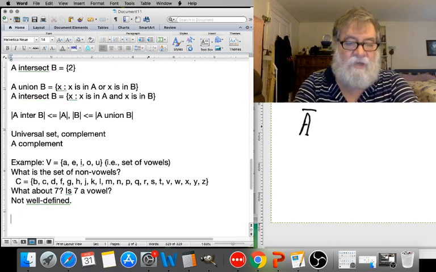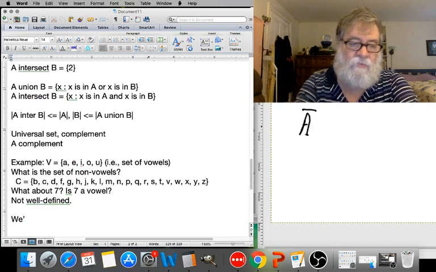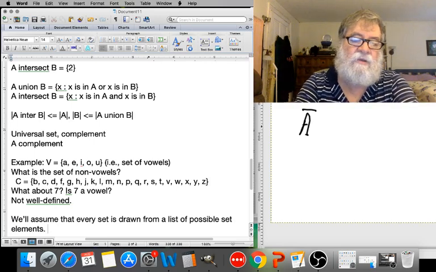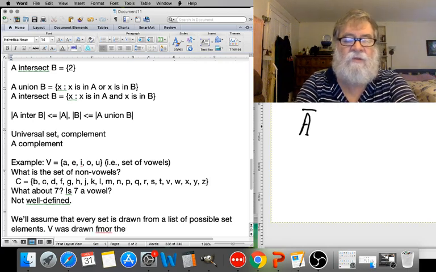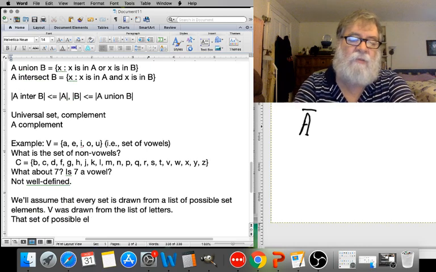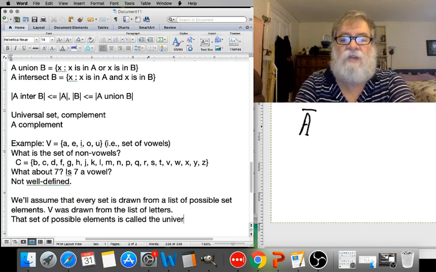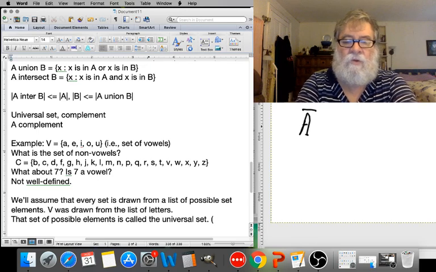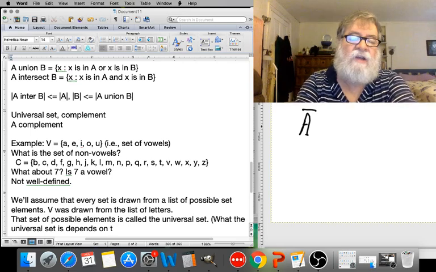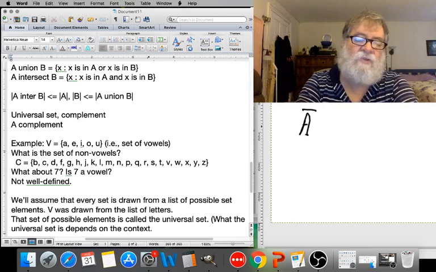So what we'll do instead is we'll assume that every set is drawn from a list of possible set elements. V was drawn from the list of letters. That set of possible elements is called the universal set. What the universal set is depends on the context. So sometimes the universal set is letters.